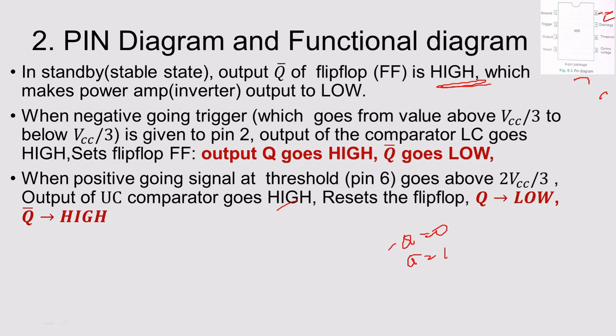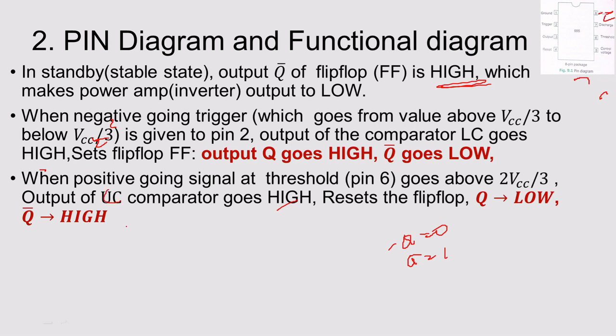If it is greater, you have a logic of 1; otherwise, you have a logic of 0. Similarly for the lower comparator, if the input is below VCC by 3, your lower comparator will go high. Understand? Very simple.